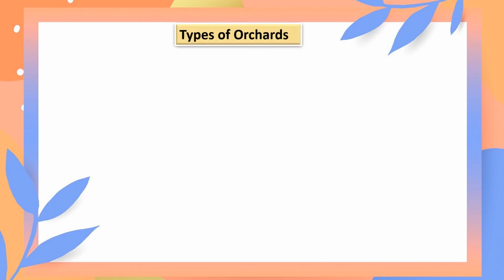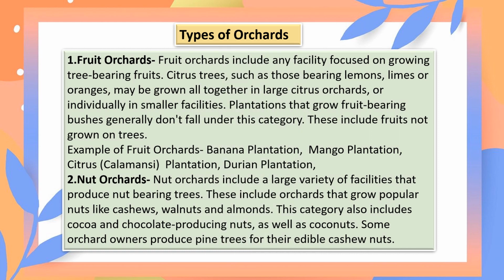Here are the types of orchards. First, we have fruit orchards. Fruit orchards include any facility focused on growing fruit-bearing trees. Citrus trees such as those bearing lemons, limes, or oranges may grow all together in large citrus orchards or individually in smaller facilities.